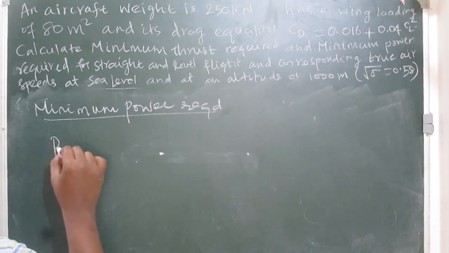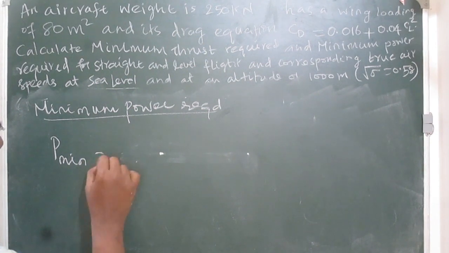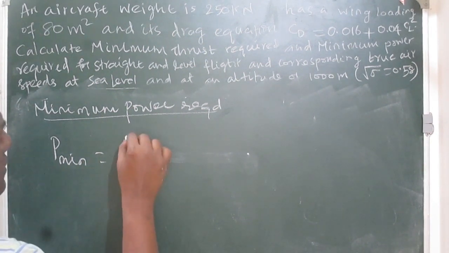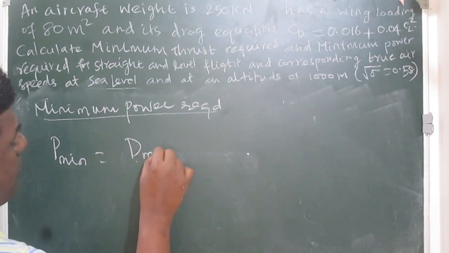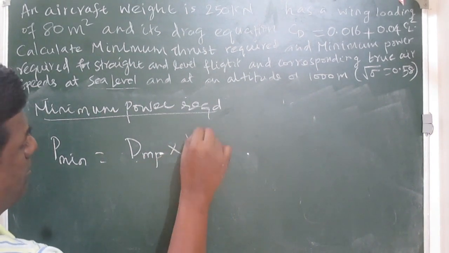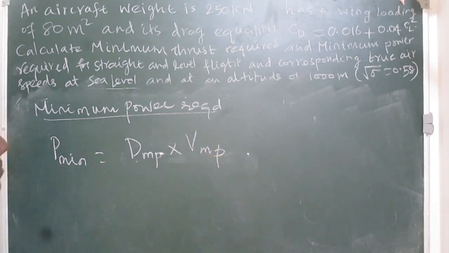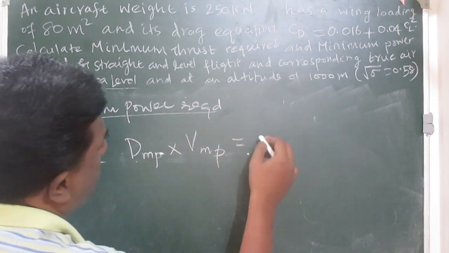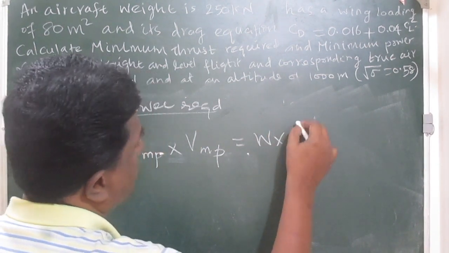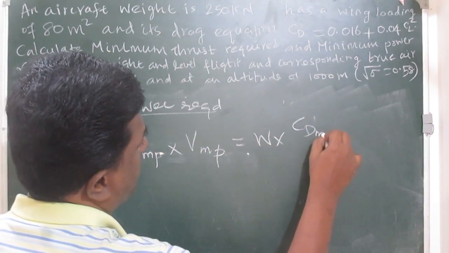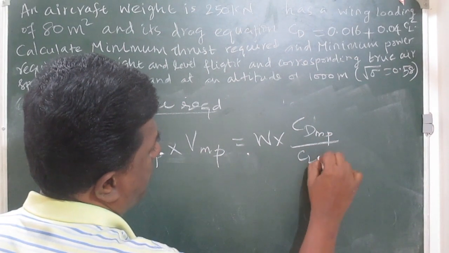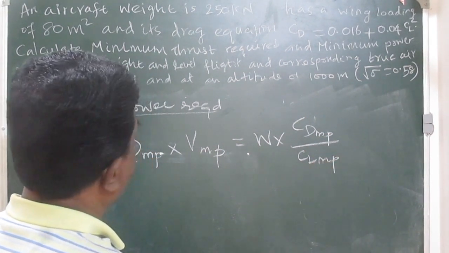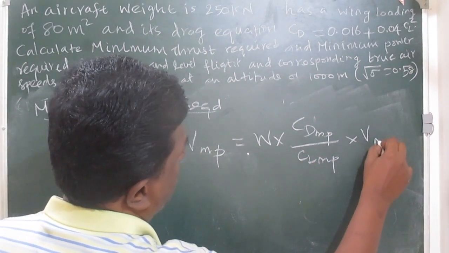P minimum is equal to drag at minimum power into velocity at minimum power. Because this is drag at minimum power we have to use. Similar way we can use CD minimum power by CL minimum power, then into velocity minimum power.